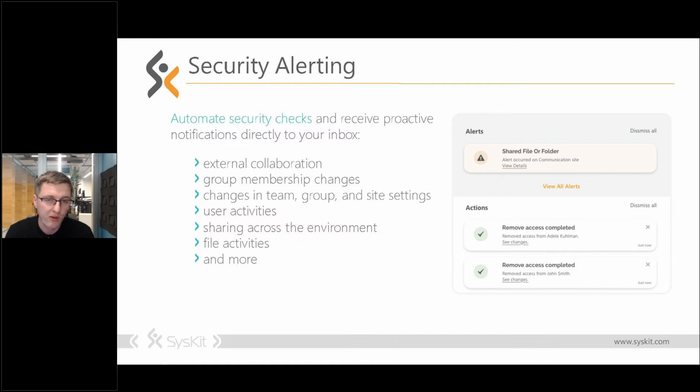You want to be aware if somebody changes the owners or invites a new member. You can see other stuff like changes in the team settings, group settings, site settings, like somebody changed the sharing capability or some other important setting. And that's just some of the important things. You can see all the file activities and all the sharing and user activities across the entire tenant.